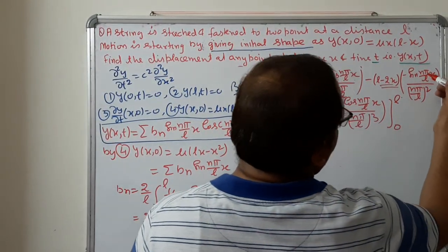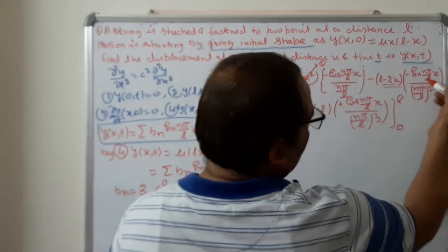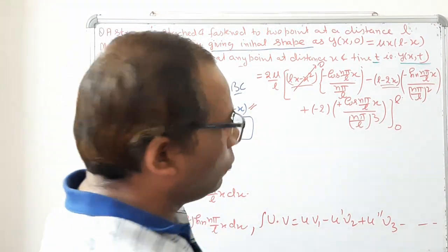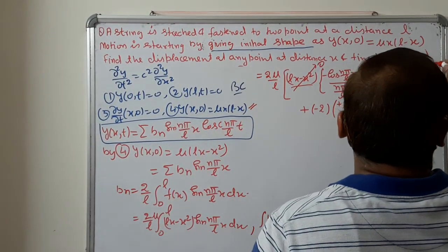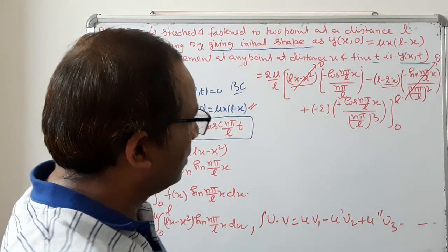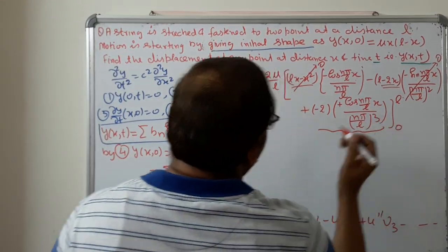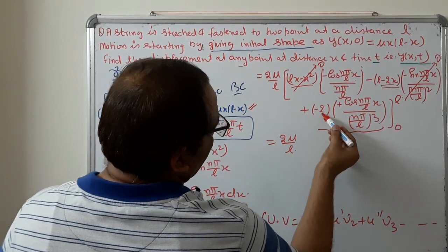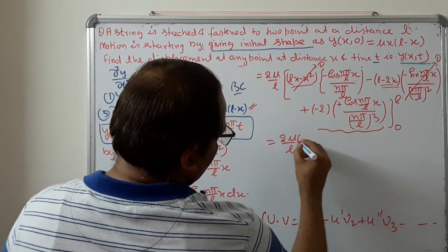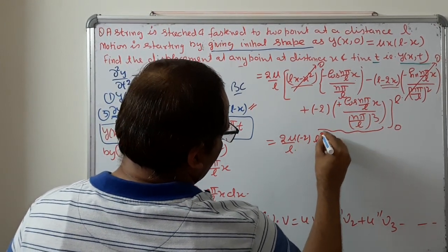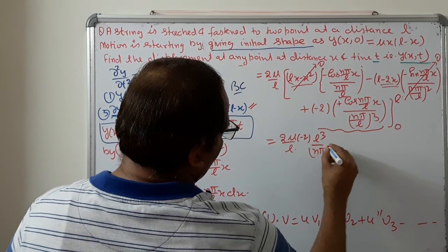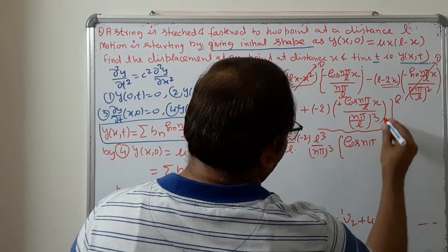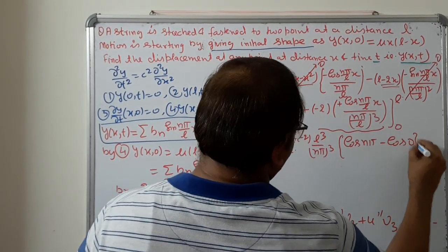Now comes this sine function, and sine 0 is 0. When we put x equal to L, the L's cancel out, leaving sin n pi, and sin n pi is 0. So due to the sine function, the second term will be 0 for both limits. Only the third term will remain. So we can write 2 mu upon L, and this is minus of minus 2, L cube upon (n pi) whole cube, and put the limits: cos n pi minus cos 0.